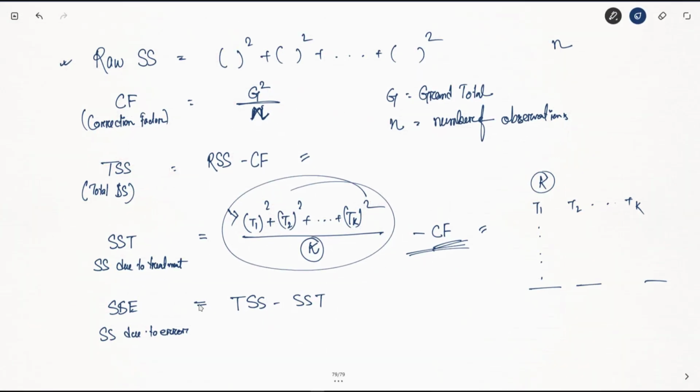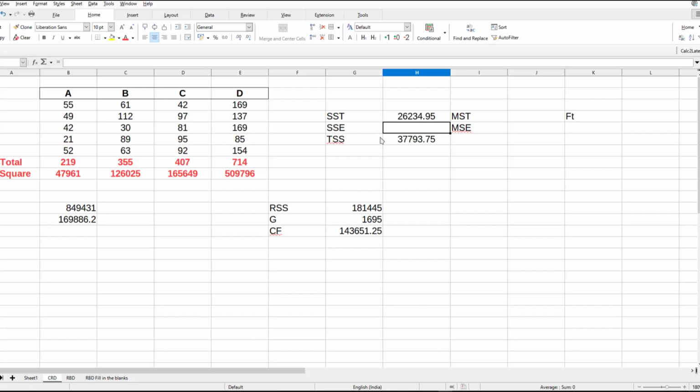The formula to get SSE is TSS minus SST. So what is TSS? 37,793.75. What is SST? 26,000. So SSE will be TSS minus SST. So we got SSE as 11,558.8, right? So we got all the sum of squares.